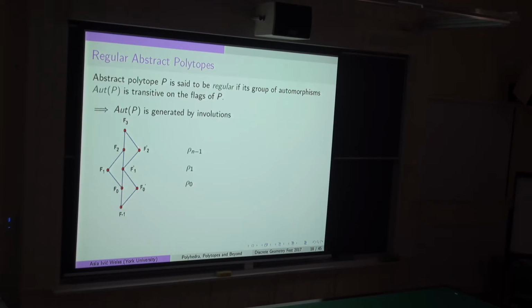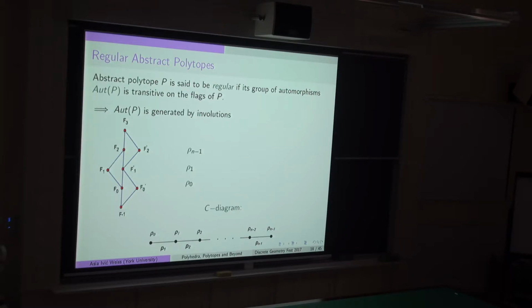And you can, of course, do that at every level, so that the groups of abstract regular polytopes are generated by involutions, which can be described by a Coxeter diagram. That is, every node represents an involution. They are connected by an edge labeled with the order of the product of the corresponding generators.